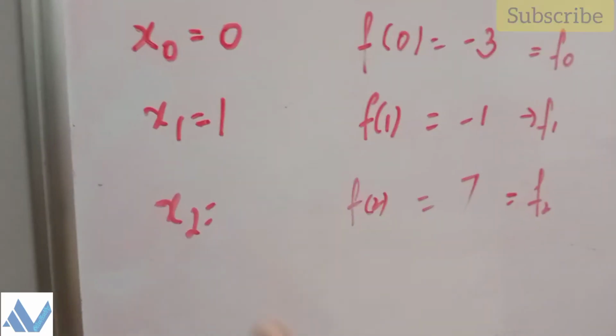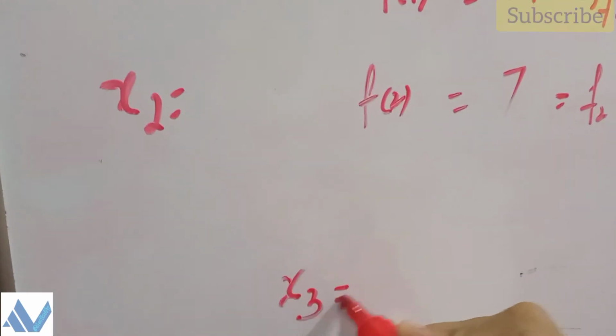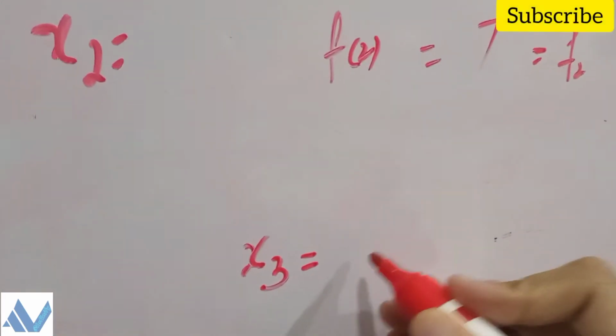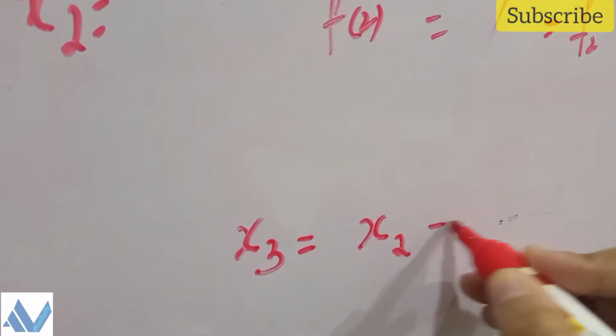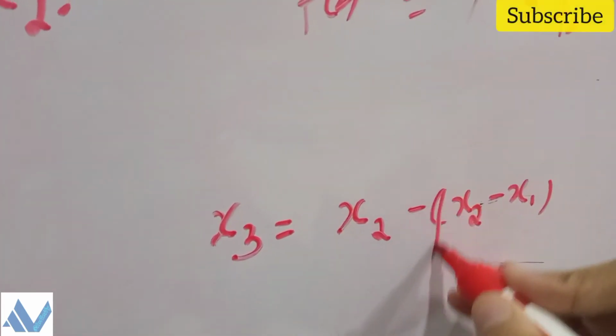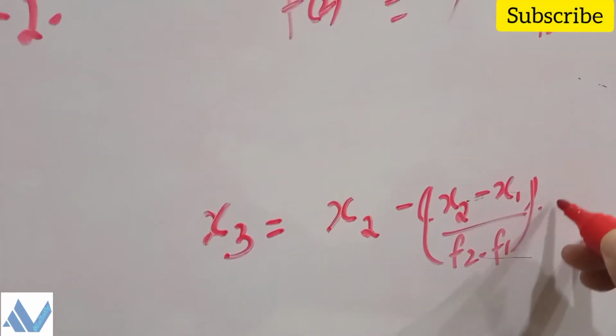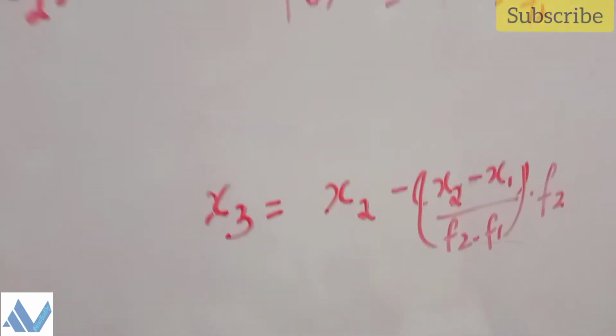Since we have got the last formula as x2, now we head to x3. x3 is equal to x2 minus (x2 minus x1) by (f2 minus f1) into f2.